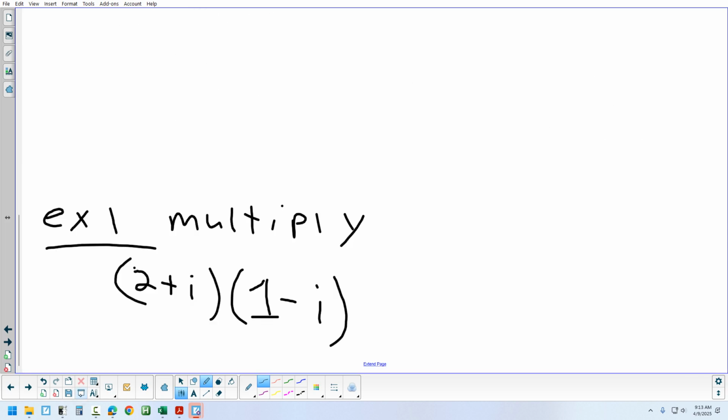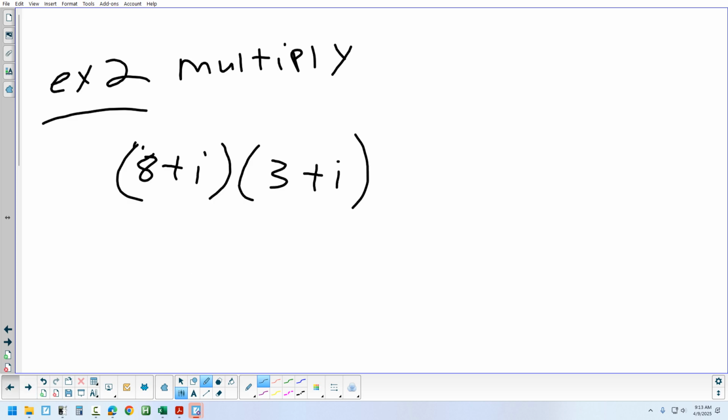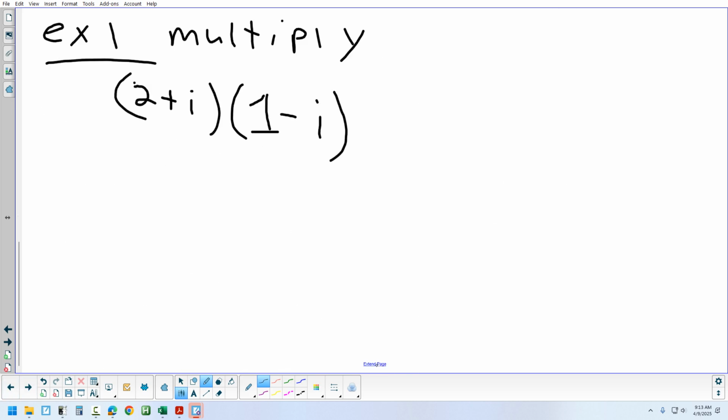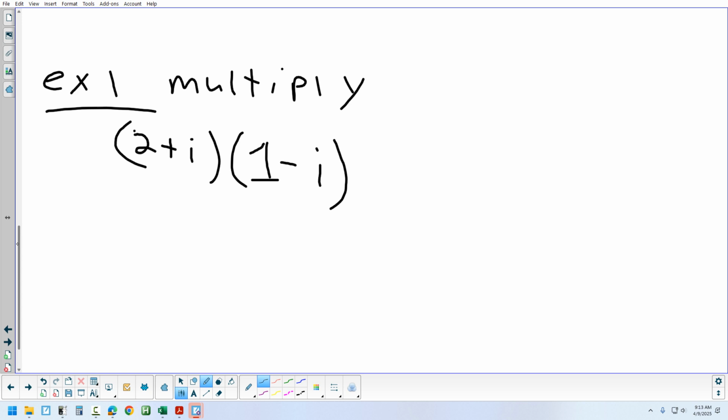Let's try this one. So we want to multiply 2 plus i times 1 minus i. First thing we're going to do is that. What's 2 times 1? 2. Next thing we're going to do is 2 times negative i.